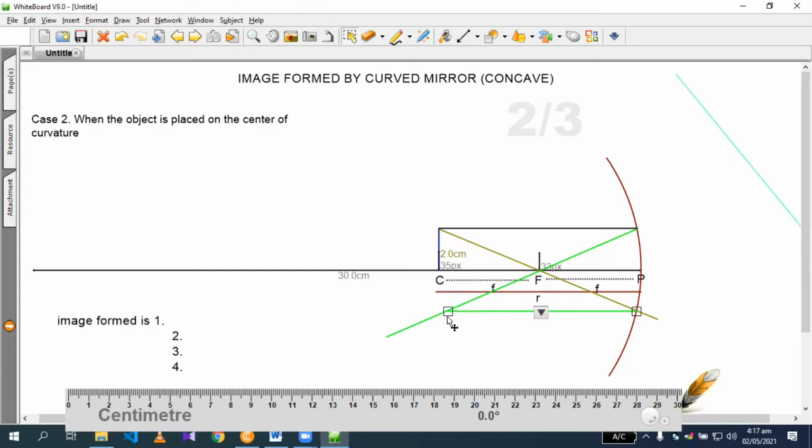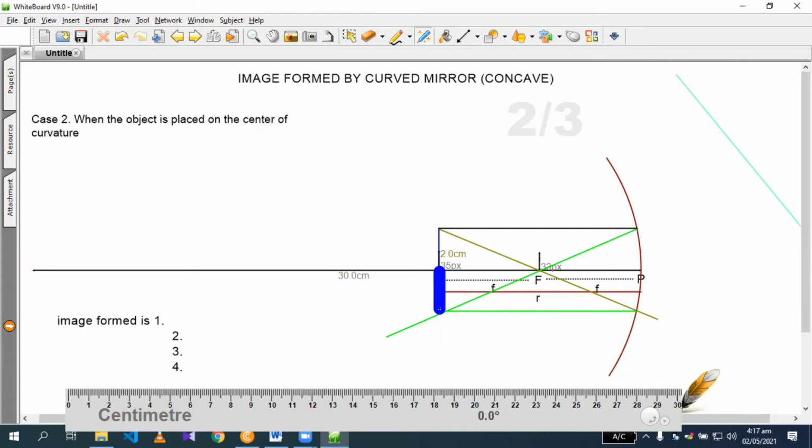Somewhere here. Now you're having these two rays hitting up here. The major reason why I'm drawing like this is so that you don't cramp all the positions of the object and all the images that will be formed. Conventionally, this image is supposed to be formed on the center of curvature, somewhere around here.